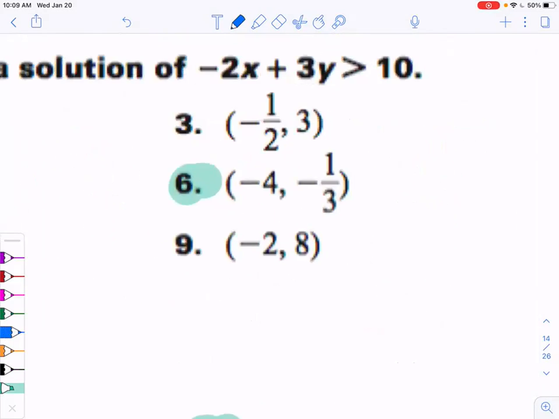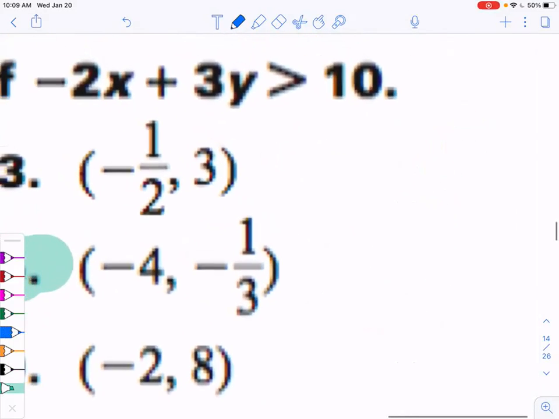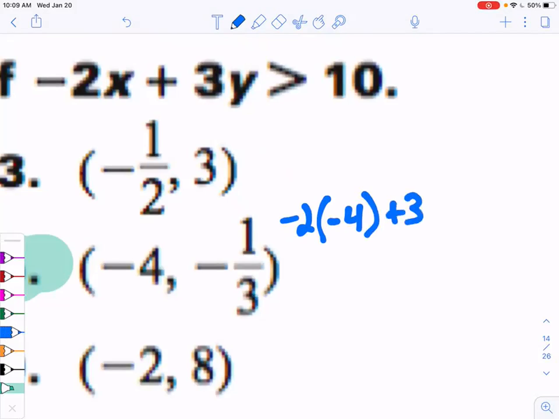Six, got it. Good one to pick. So we're just going to plug in: -2 times -4 plus 3 times -1/3, and see if that's greater than 10.